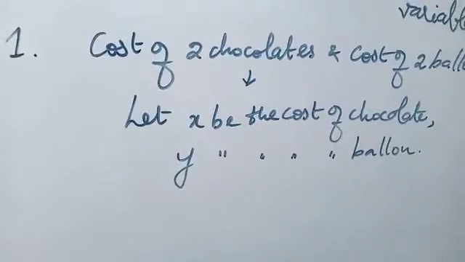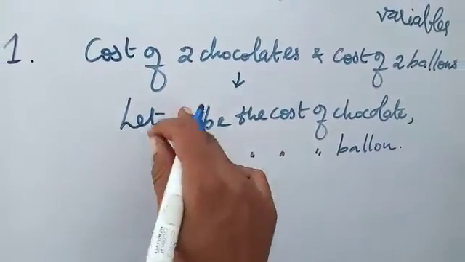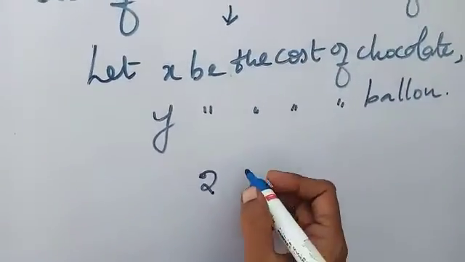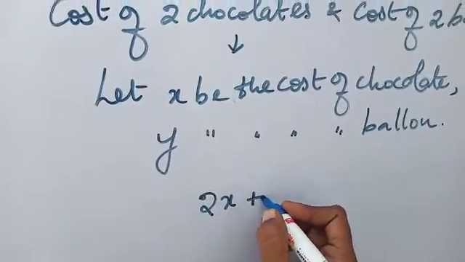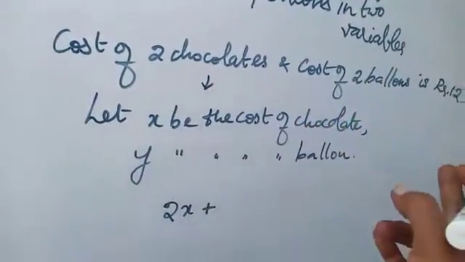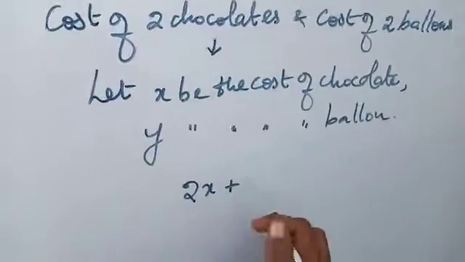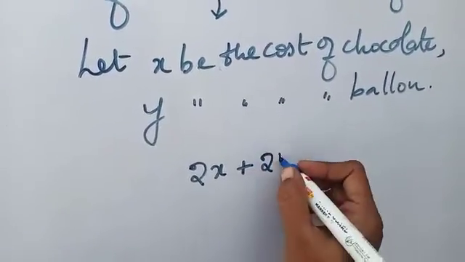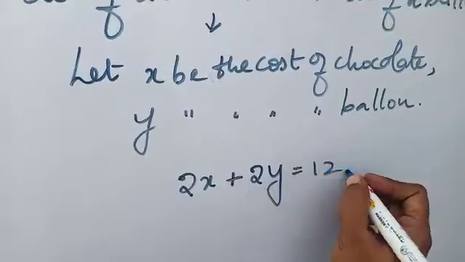Then how can we represent this as a linear equation? Two chocolates, no? So 2 into x. We are going to add the cost of 2 chocolates and the cost of 2 balloons. Then the cost of 2 balloons, 2y, is equal to 12 rupees.